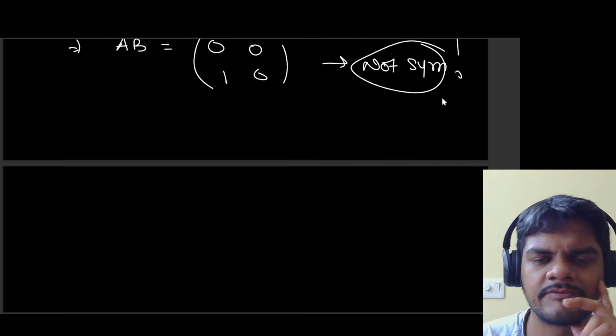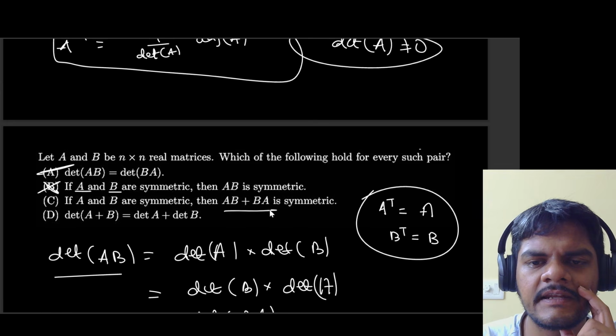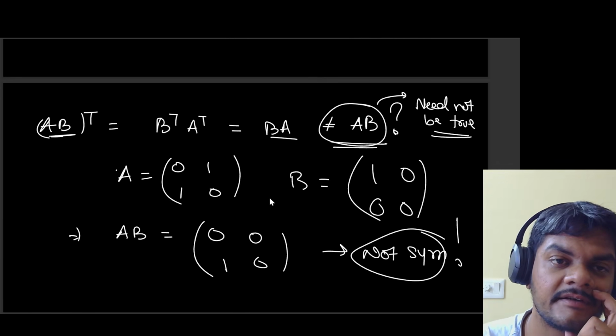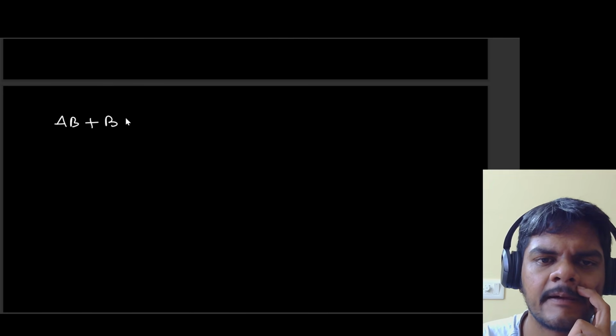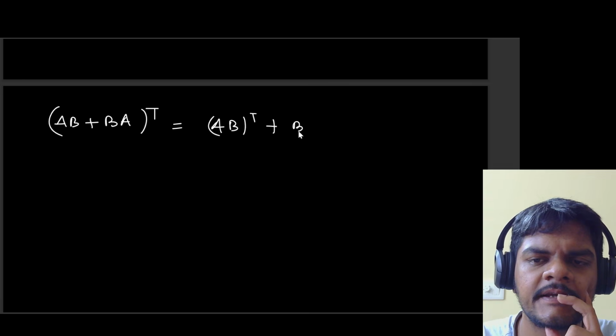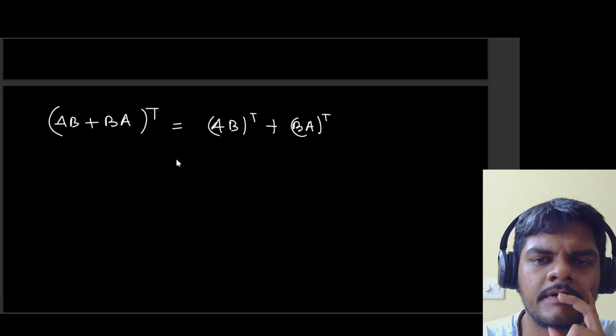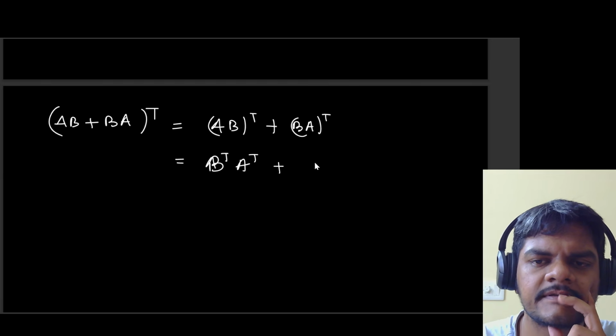Okay. So that's what the second option explores, and obviously the second option is wrong. If A and B are symmetric, then AB plus BA is symmetric. Is that true? So just look at it again. Let's try (AB plus BA) whole transpose. That is equal to (AB) transpose plus (BA) transpose, which is B transpose A transpose plus A transpose B transpose.